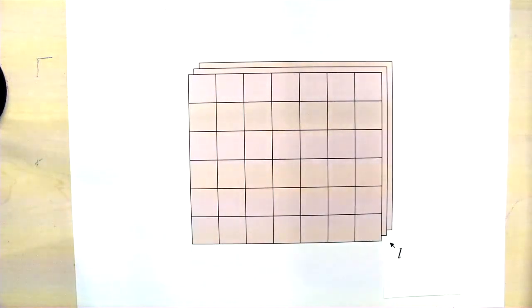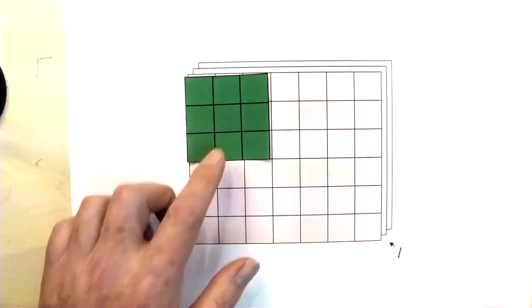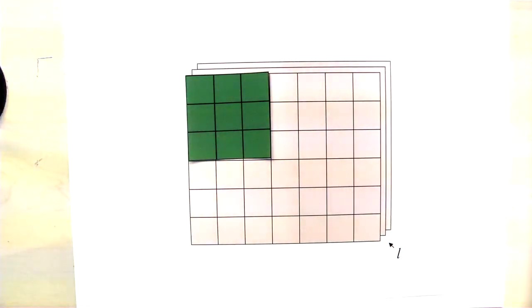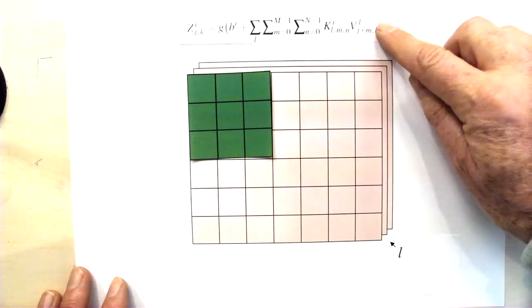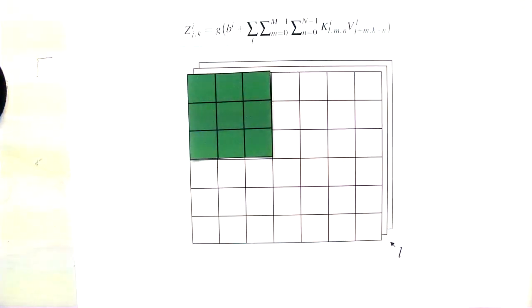Now, we're going to input this to a neural network, and we're going to have a convolution filter. Someone was asking about the formula. This is the formula we're going to use, this one here.